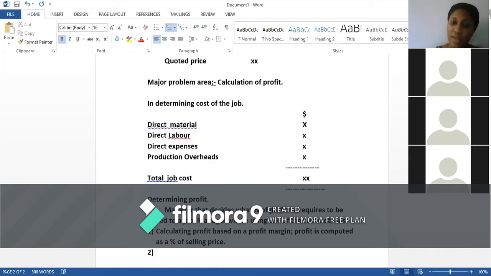And then the second is calculating profit based on what is called a markup.